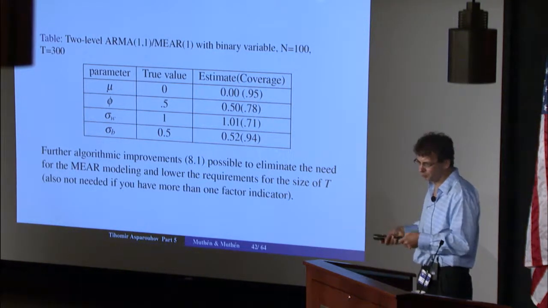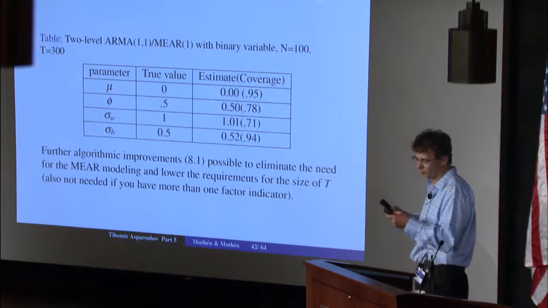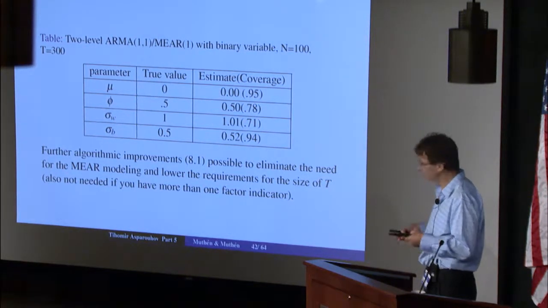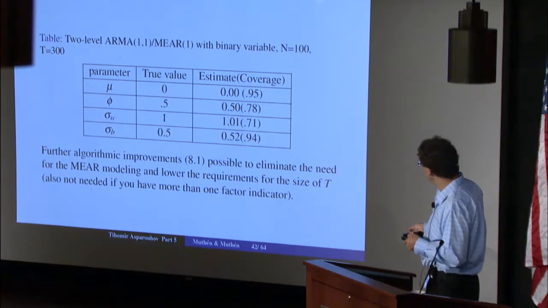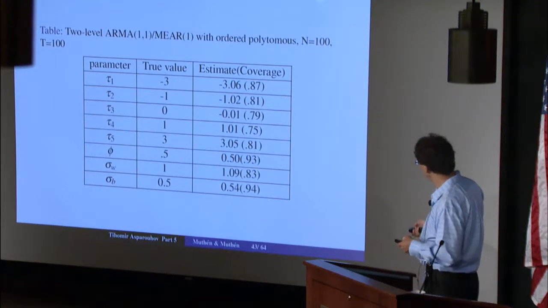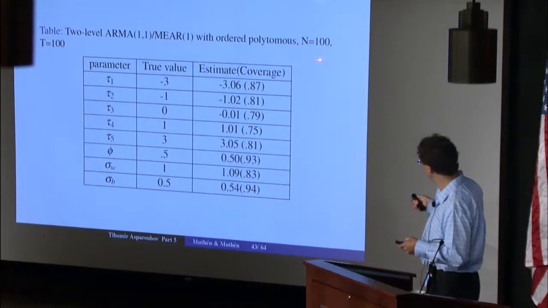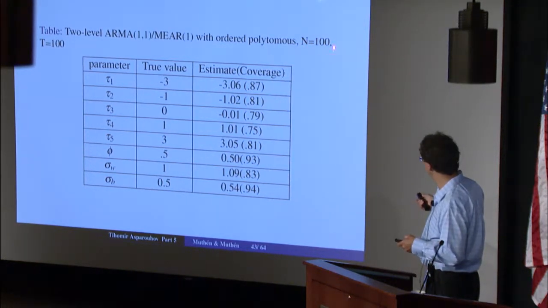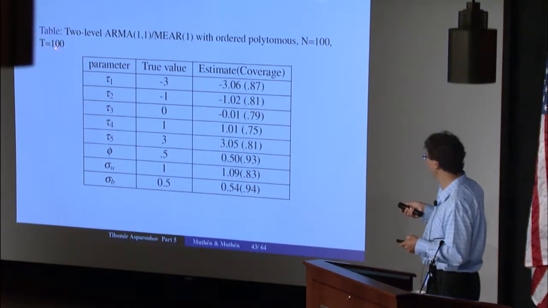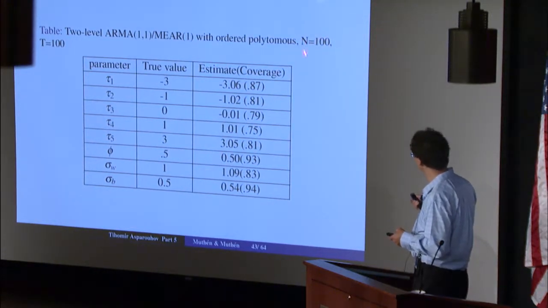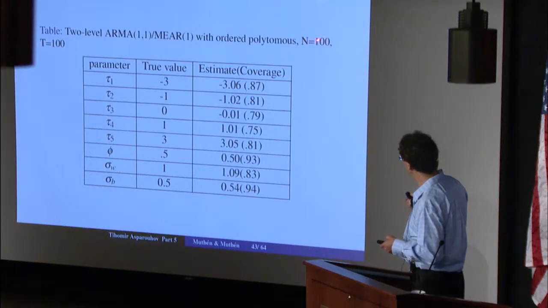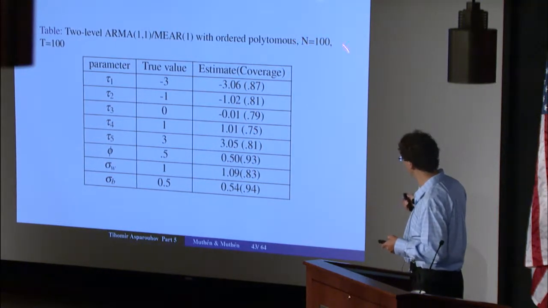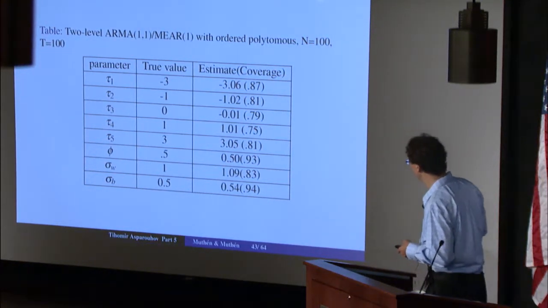So again, that works much better when you have more than one binary variable. You have multiple indicators for the same factor, and the factor is measured better. Or you can use ordered polytomous variables. When I redid that simulation with ordered polytomous variables, the demand on the time series was much smaller, so I was able to get good parameter estimates with 100 individuals measured at 100 time points.